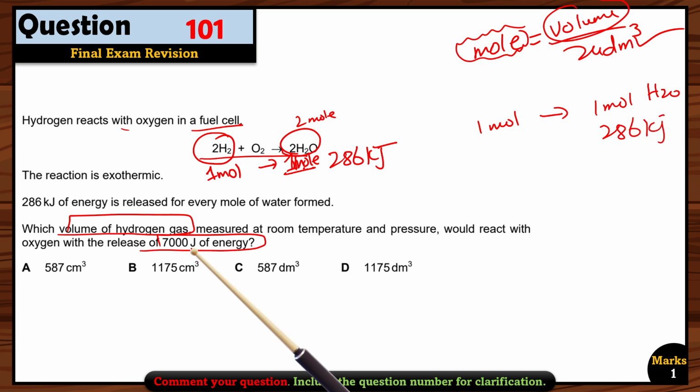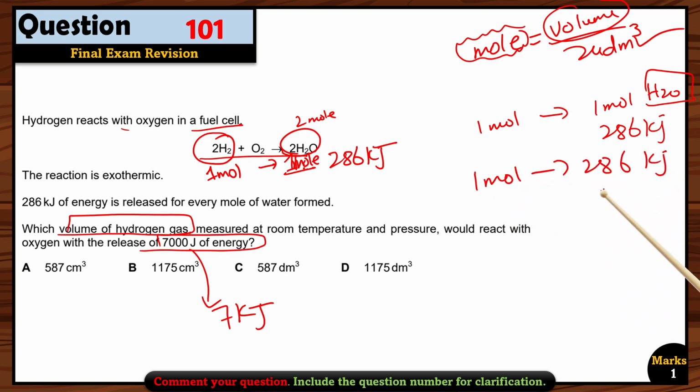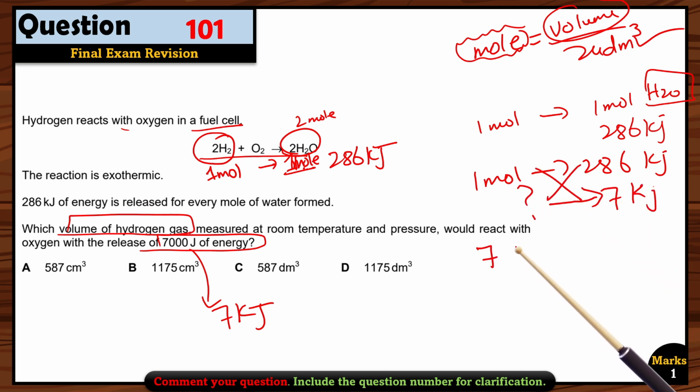But now we have to decide for 7,000 joule. So 7,000 joule means 7 kilojoule, right? So let's see what will be the mole of the H2O. If 1 mole is giving you 286 kilojoule, 7 kilojoule, how will you get it? Just cross multiply. So 7 divided by 286 and you will get your answer.